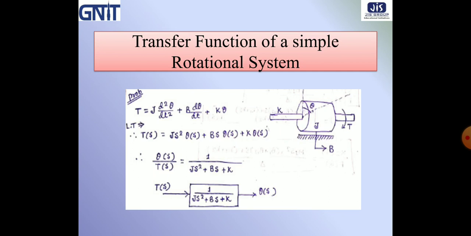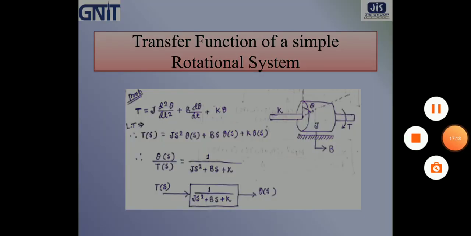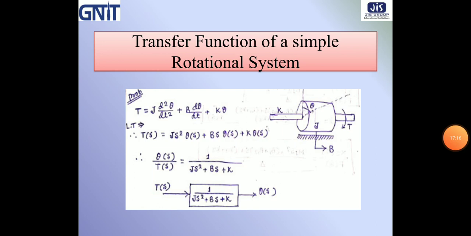So torque is the input. So output by input, that is theta(s) by T(s), is equal to 1 by J s square plus b s plus k. So this way we can calculate the transfer function.